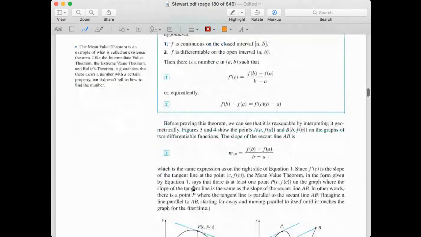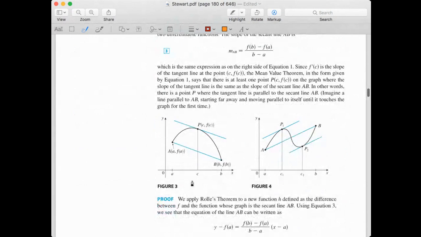So let's see the graph. We have this function from a to b. Well, it's continuous, right? It's differentiable on the open interval. And f of a does not have to be f of b, but we can connect f of a and f of b. So we can connect those 2 points.